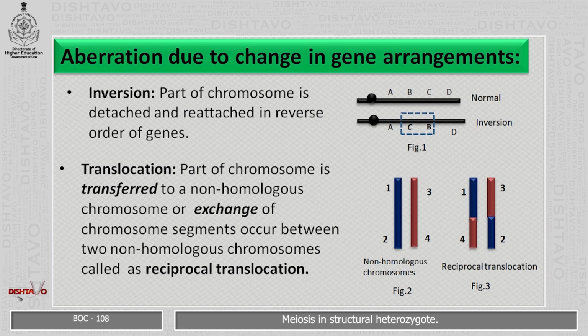You can refer to figure 1, in which you see a normal chromosome with gene sequence A, B, C, D, and a second chromosome with inversion, in which the sequence of B C is reversed and the sequence in this chromosome is now A, C, B, D. Translocation: part of a chromosome is transferred to a non-homologous chromosome, or exchange of chromosome segments occurs between 2 non-homologous chromosomes, called reciprocal translocation. This you can see in figure 3.